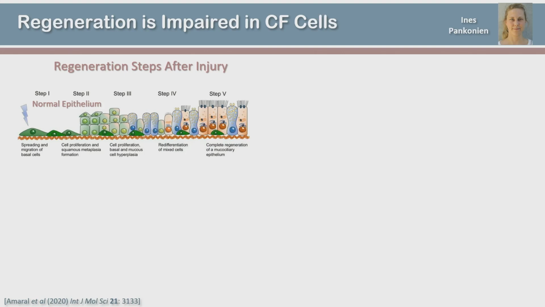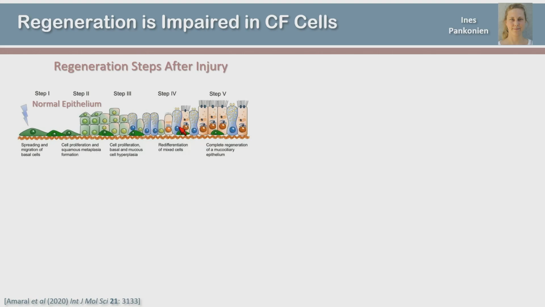So what about regeneration? As I just mentioned in the beginning, some years ago, it was proposed by the group of Edith Puchel, who some of you might remember, that there are 4 steps after the epithelium has been injured. So the first step, the cells, and these are, of course, the basal cells, which have this multipotency to differentiate into other cells, they start migrating, then they proliferate in step 2, and then in step 3 and 4, they start differentiating into the different cell types of the epithelium.